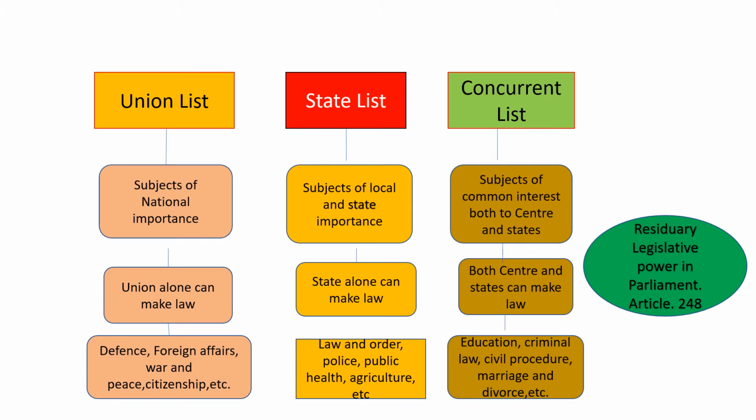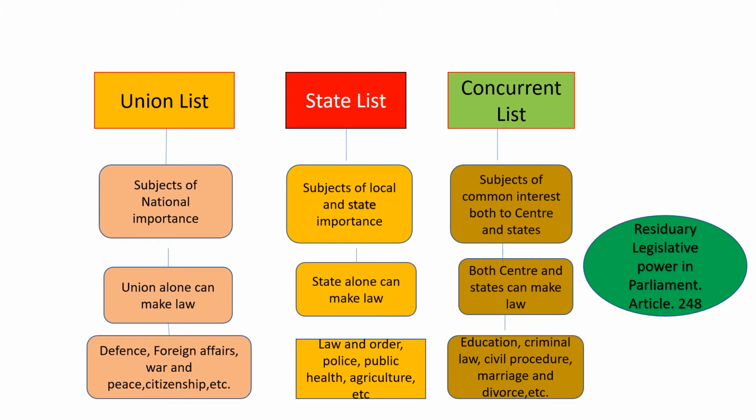So both center and states can make law on the matters which are listed in the concurrent list. And this list 3 includes subjects like education, criminal law, civil procedure, marriage and divorce, trust, forests, population control, factories, electricity and others.